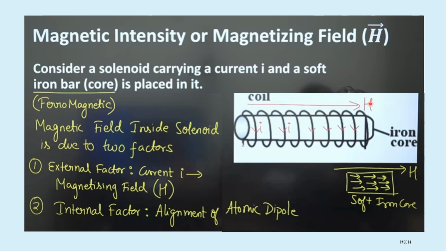Because of this magnetizing field H, the magnetic dipoles inside the iron core get aligned in the proper direction. Then the iron core gets magnetized. Because of this magnetization, it produces a magnetic field. In this way, a magnetic field is created inside a solenoid.